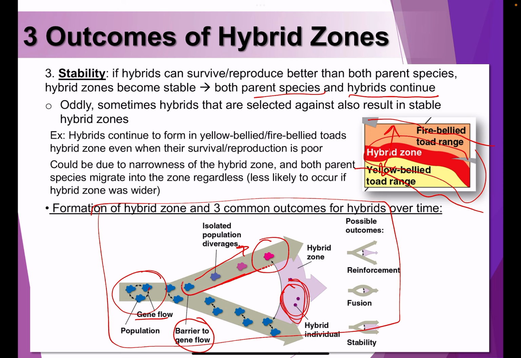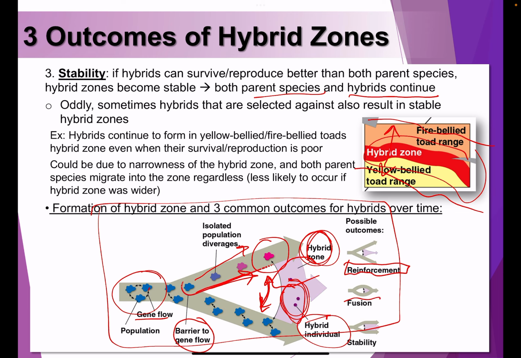Hybrid individuals. So this starts to diverge, and if these two species were allowed to interbreed within the hybrid zone right there, then they will create these hybrid individuals. And if reinforcement happens, which we talked about as one possible outcome, then hybrids will gradually disappear because they're weak and frail and they won't survive.